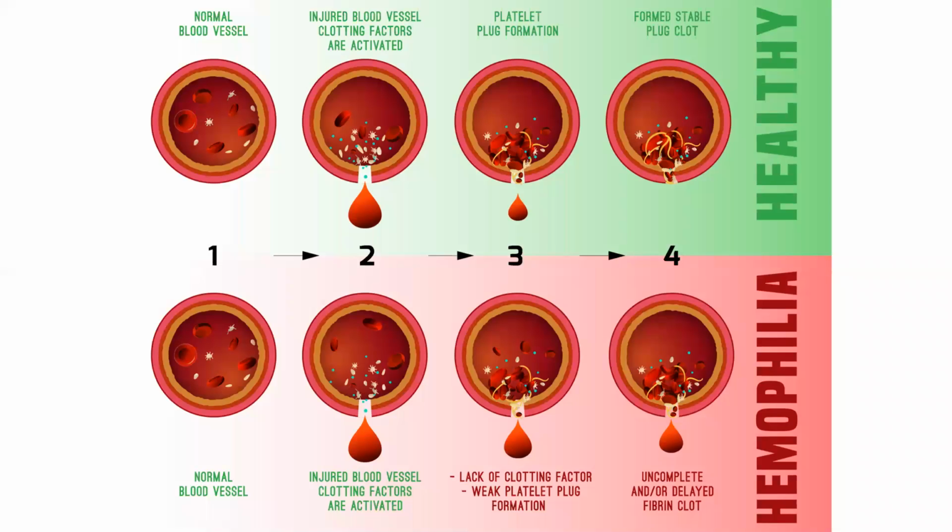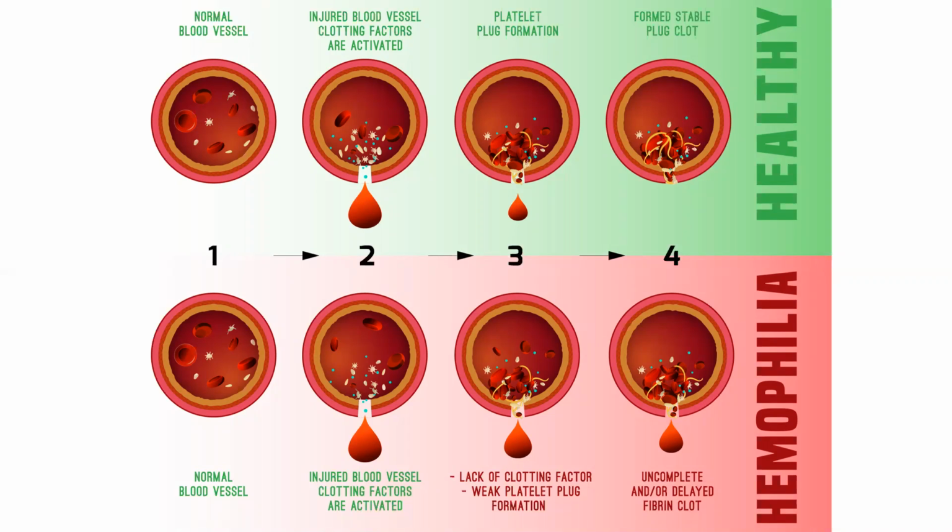As you can see in the diagram, it shows the different repair pathologies of a healthy and a hemophiliac individual. In the healthy individual, clotting is sufficient to form a complete plug at the site of a cut, which stops bleeding.